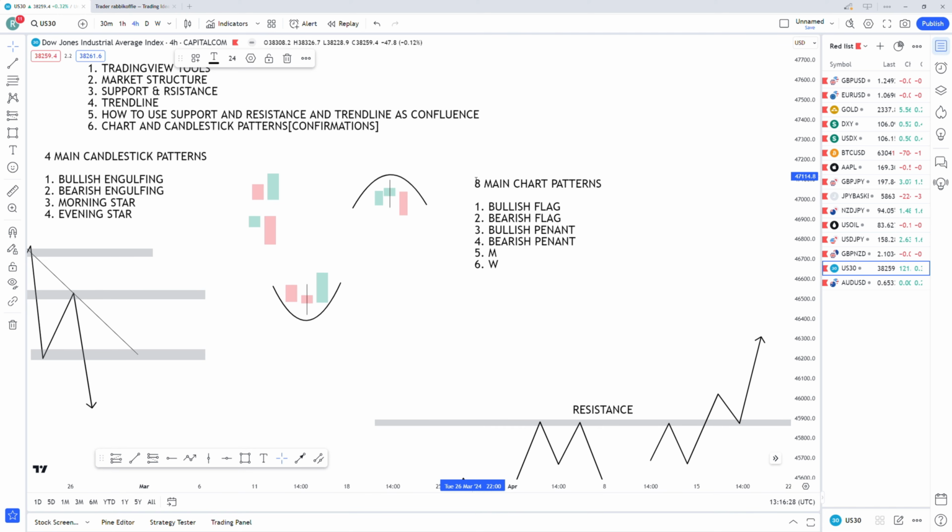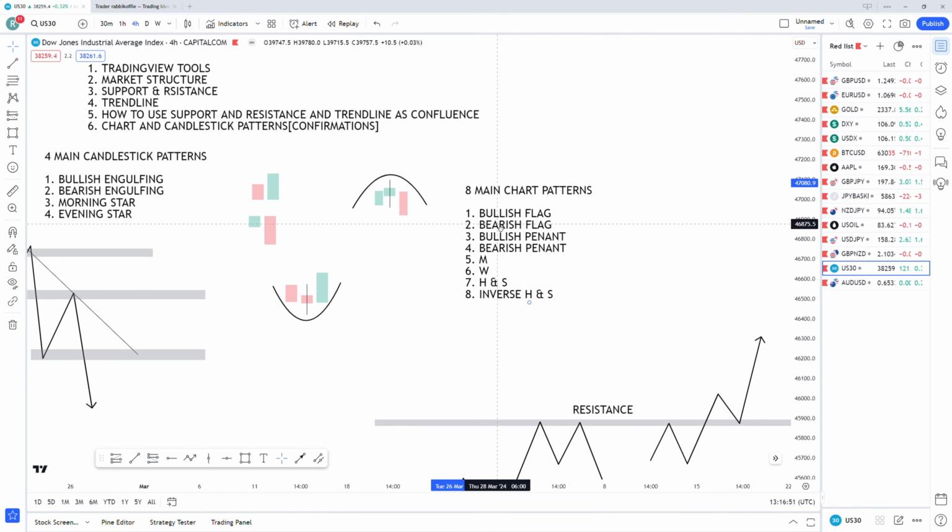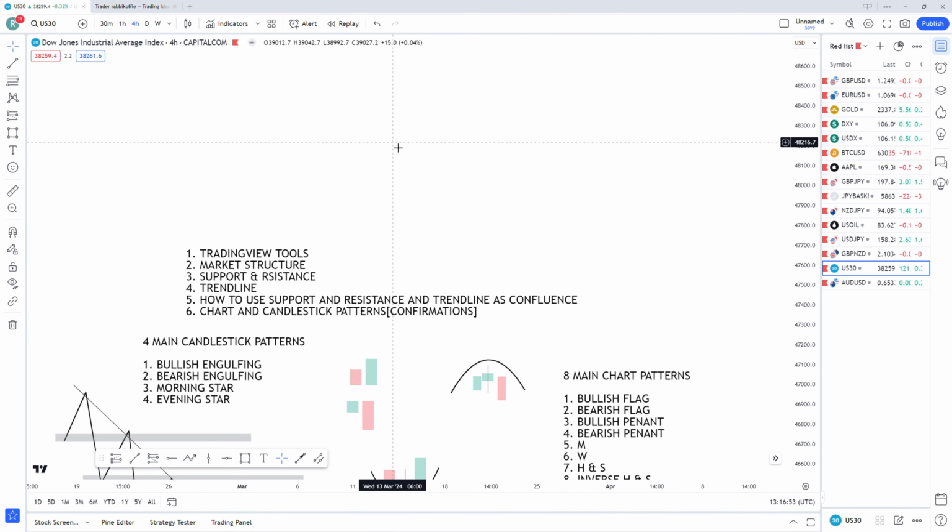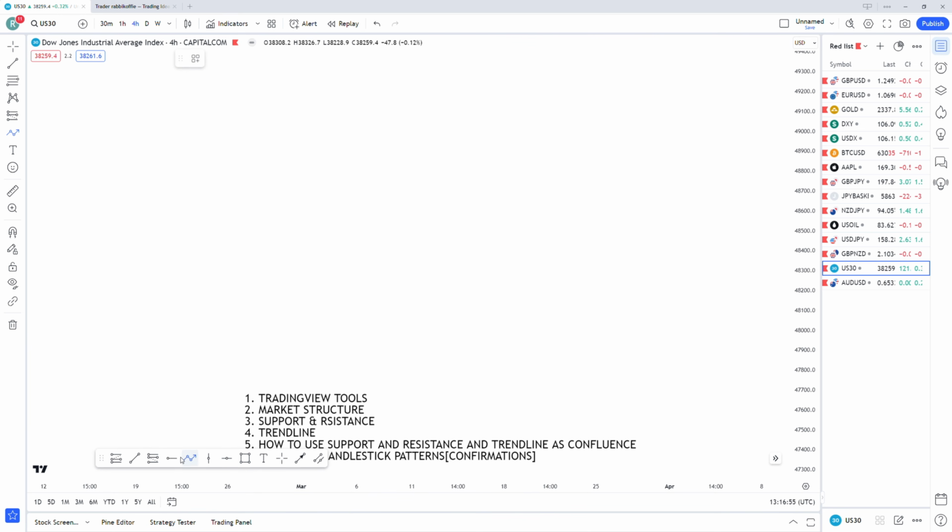And number 7, we have the heads and shoulders pattern, which is the H and S. And number 8, we have the inverse heads and shoulders pattern, guys. So these are the 8 main chart patterns we have when it comes to trading, like the CoffeeFX. So let me give you the demonstration for them.